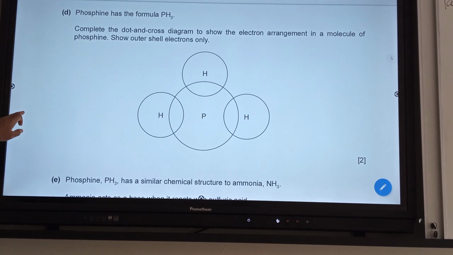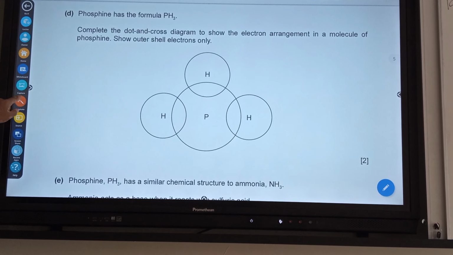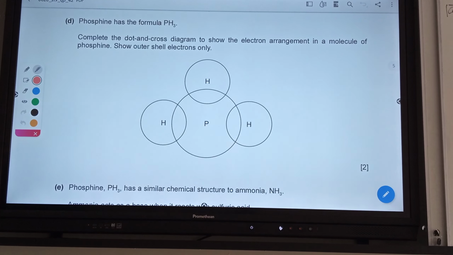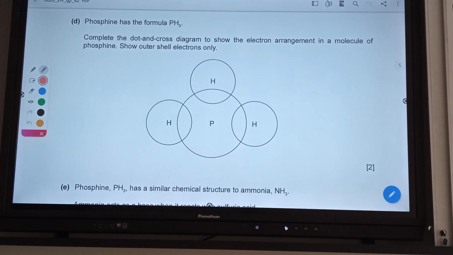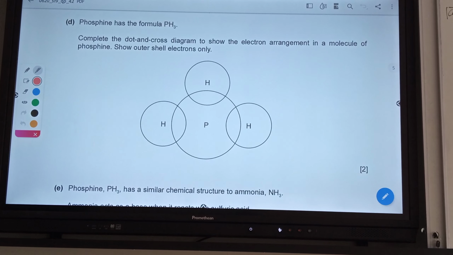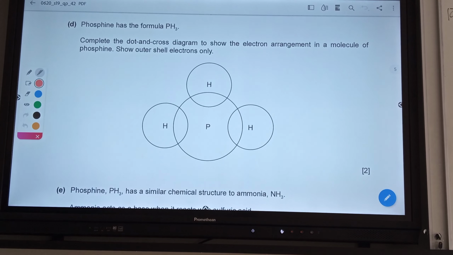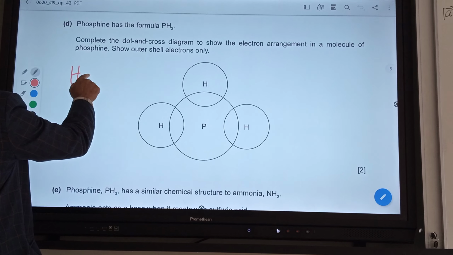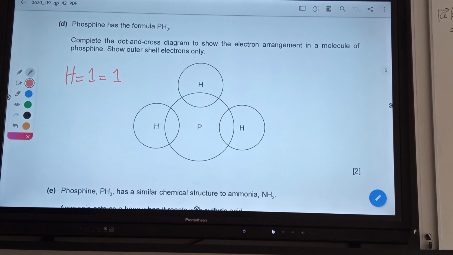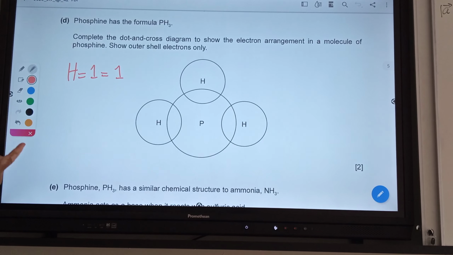Here it says that phosphine has the formula PH3 like ammonia. Complete the dot and cross diagram to show the electron arrangement in a molecule of phosphine. Show outer shell electrons only. We know that hydrogen has atomic number 1, meaning only one electron in its valence shell, and it requires one more electron.